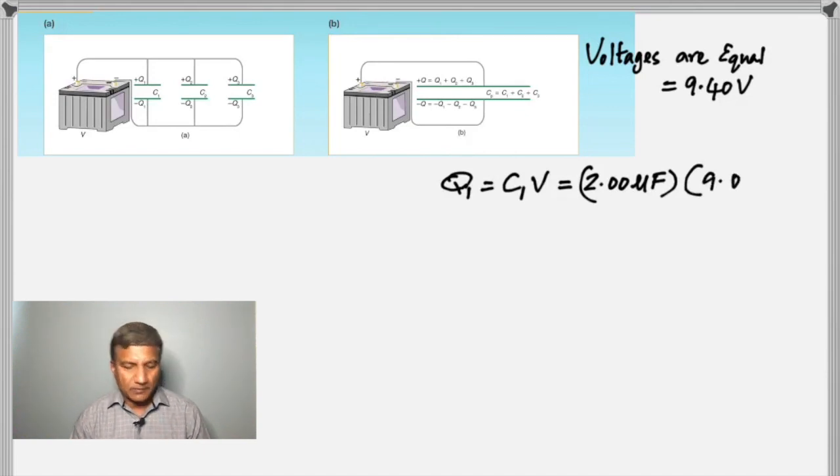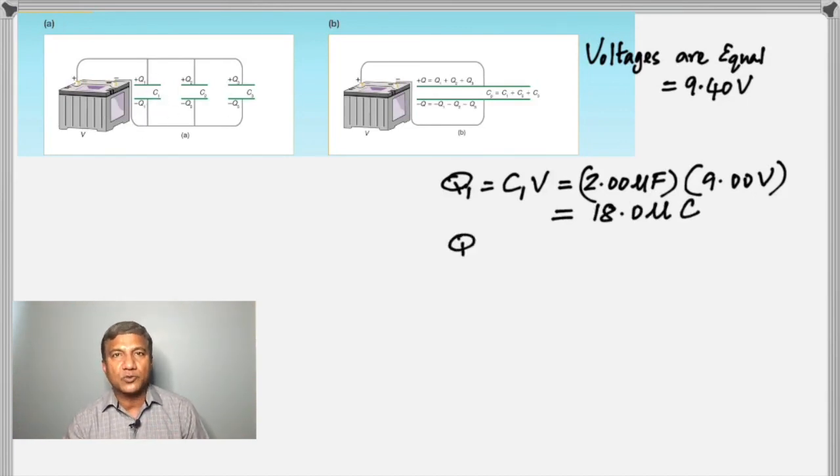Now, knowing that, we know that each capacitor is connected individually to the 9-volt battery, and that helps us figure the charge on each one. Charge is capacitance times the voltage. The voltage is the same on both. Why? Because it's connected in parallel.